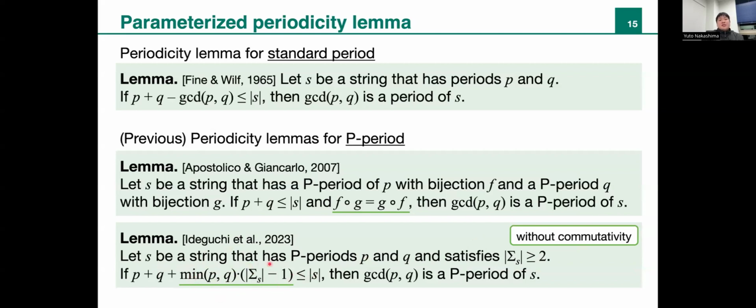Let S be a string that has parameterized periods P and Q, and satisfies this condition, where sigma of S means the set of characters contained in S. This means S is not a unary string. If the length of the whole string S is larger than P plus Q plus this term, then the greatest common divisor is also a parameterized period of S.